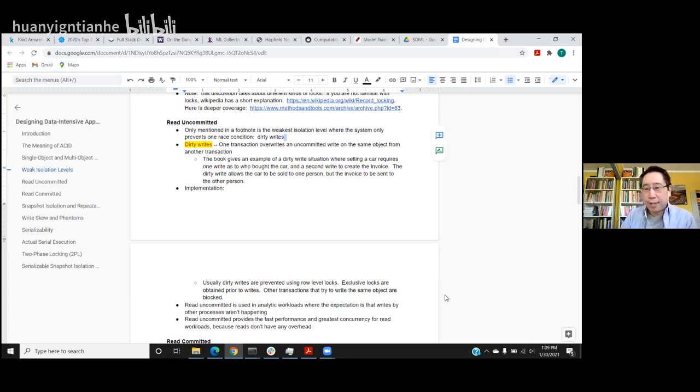I just wanted to comment that I actually use read uncommitted a lot because I'm mostly doing analytic workloads. For example, if I have a data warehouse server where almost all of the updates happen overnight, then when I'm running my queries during the day, I don't expect there to be any write activity happening.